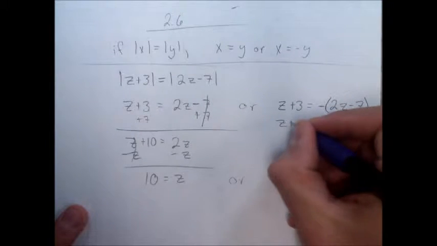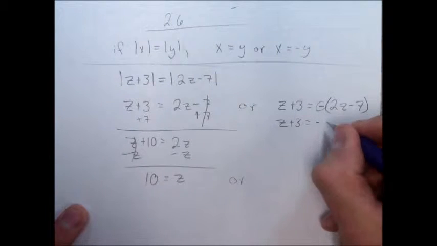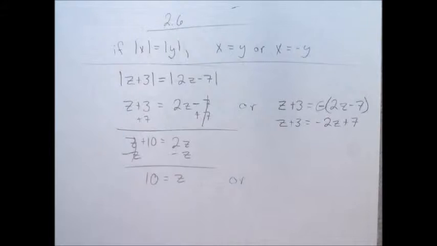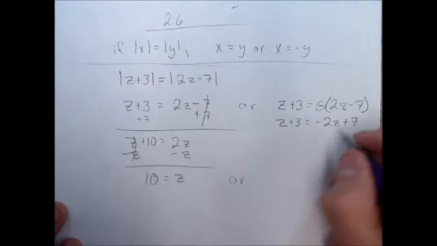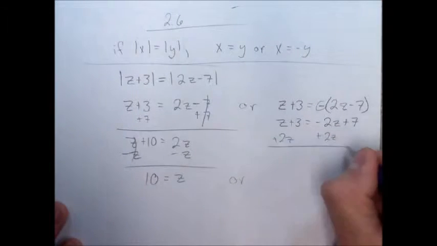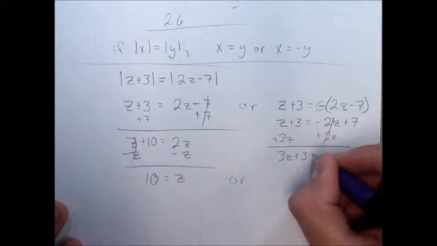So nothing's going to happen with anything on the left side because I can't do anything with it yet until I distribute this negative. So negative 2z plus 7. Okay, and then I solve it normal again. Okay, I'm going to add 2z. Okay, that goes away. I have 3z plus 3 equals 7.